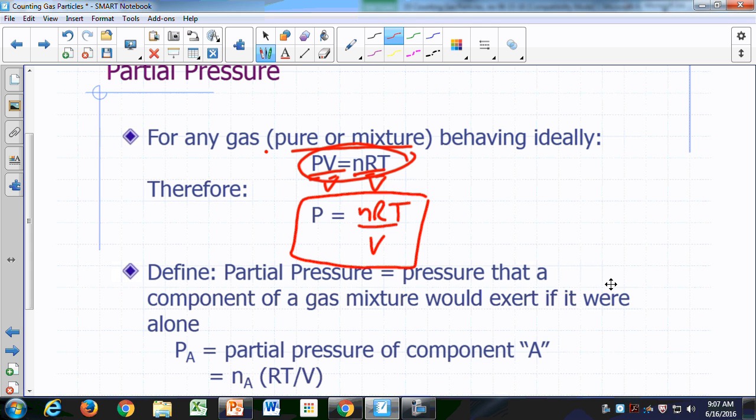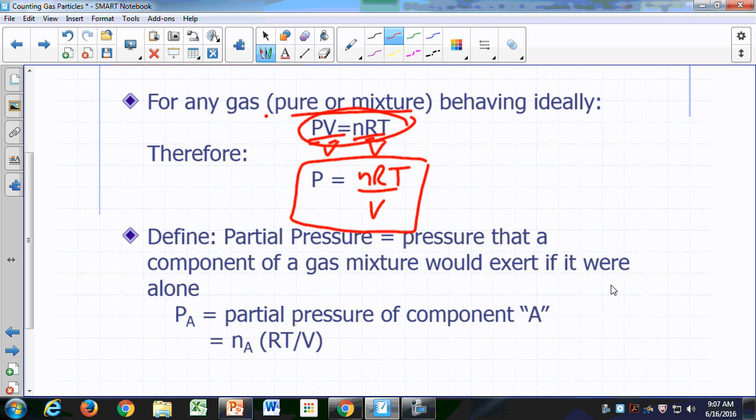Now, if we're dealing with a mixture, we can define what's called a partial pressure. And that would be the pressure that a component of the mixture would exert if it were alone.